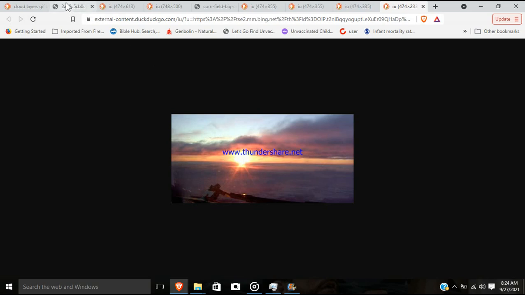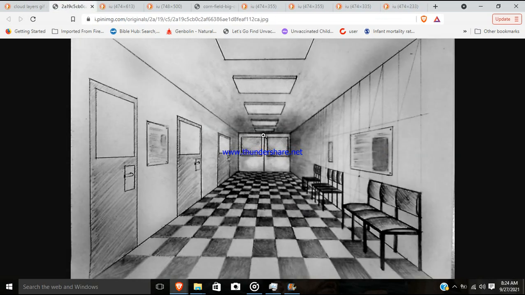Because eventually, that's what it would look like. If we open those doors and the hallway went as far as our vision could see, it would look like the floor meets the ceiling and that this wall meets this wall. They would all pinch together. That's what it would look like, until it's basically, they look like they don't exist anymore because we can't see that far.